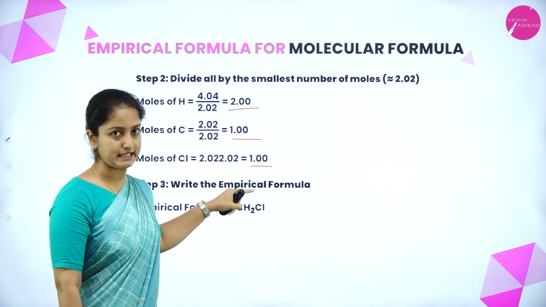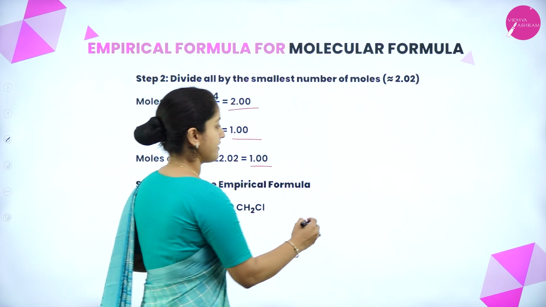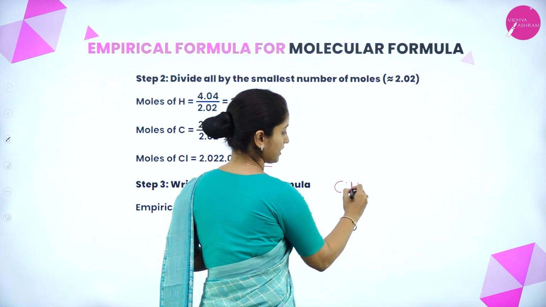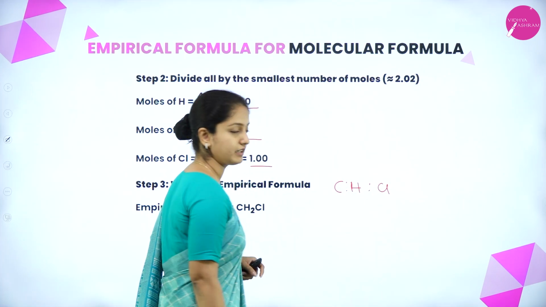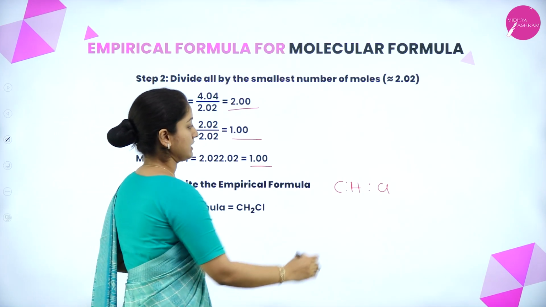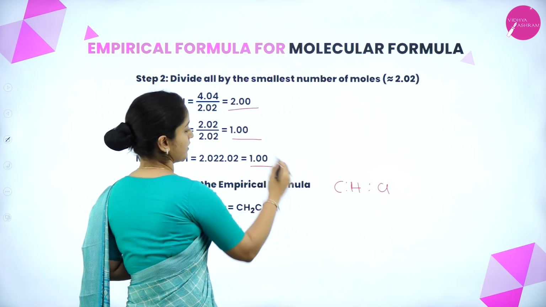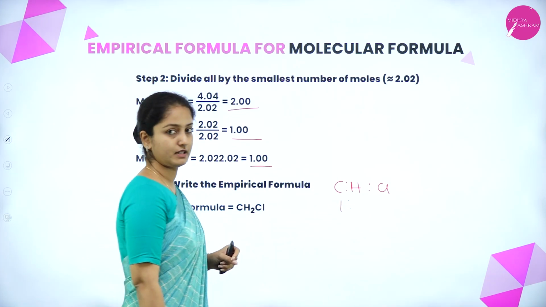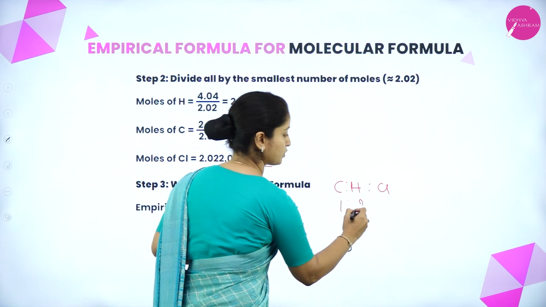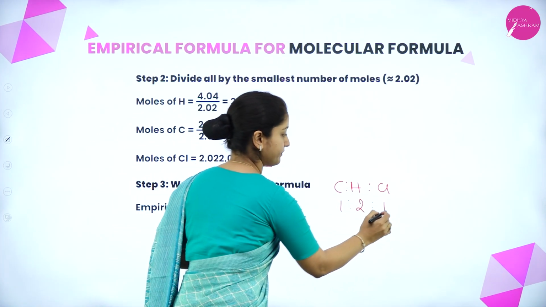Now, using these numbers, how do we write the empirical formula? First, arrange the ratio between carbon, hydrogen and chlorine. The number of moles of carbon that we got is 1, hydrogen is 2 and chlorine is again 1.